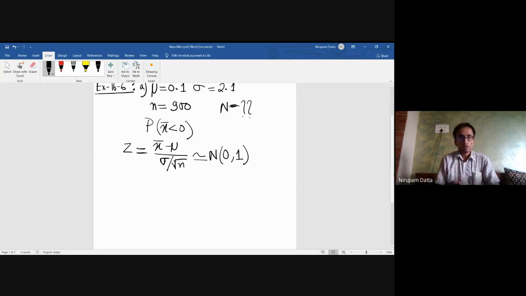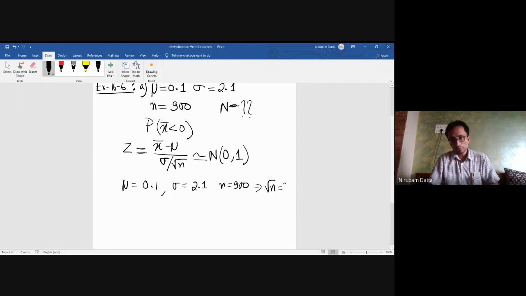Now we have mu equal to 0.1, sigma equal to 2.1, n equal to 900. This means root n is equal to 30.